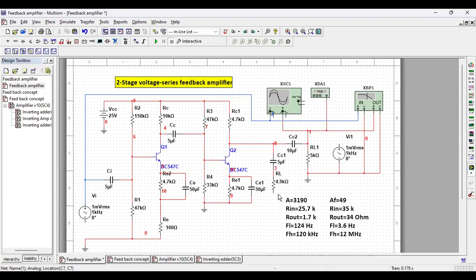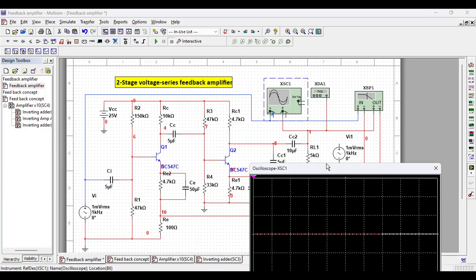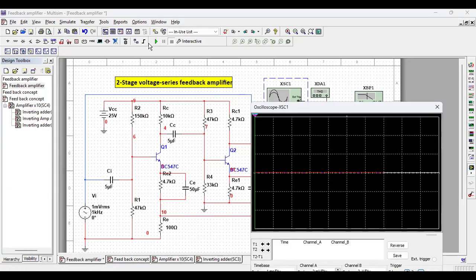Now let us see what happens if we connect this feedback window, and also we connect this here. The gain will reduce, of course. Since the gain has reduced, we shall increase the input. First, let us see what is the output.